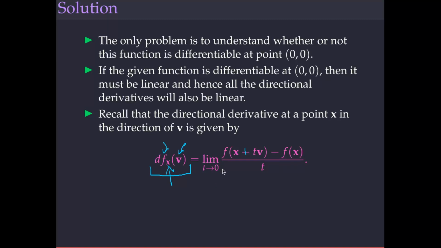I'll emphasize here that if the directional derivative is linear, then we cannot conclude that the function is differentiable. But if it is not linear, then we can say that the function is not differentiable. Okay. So this is the formula for the directional derivative. So let's compute this limit and see whether the directional derivative is linear or not.